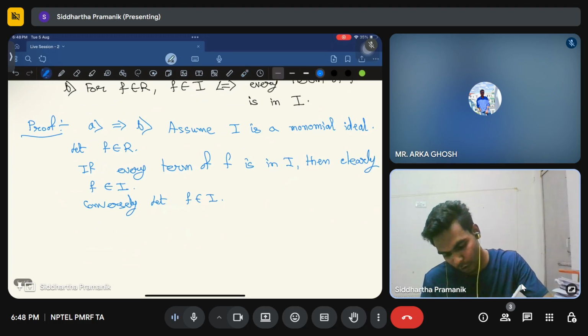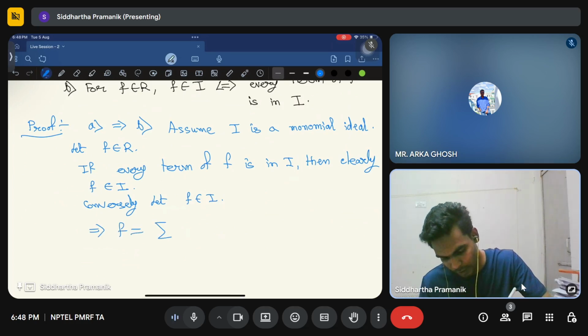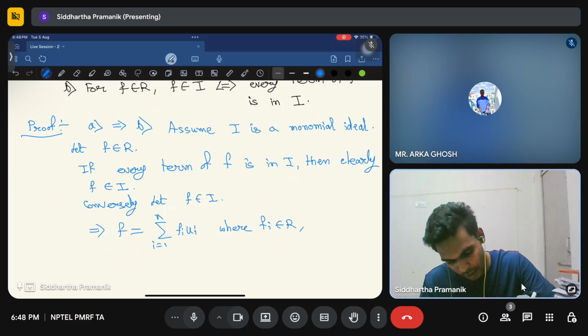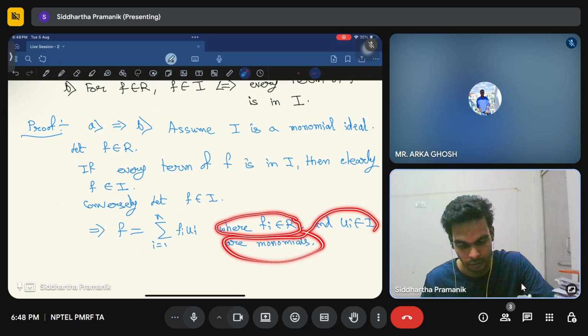So since f belongs to I, we can write f as summation f_i u_i for i equals 1 to n, where these f_i's are in R and u_i belonging to I are monomials. So these u_i's are monomials and f_i's are polynomials in R.